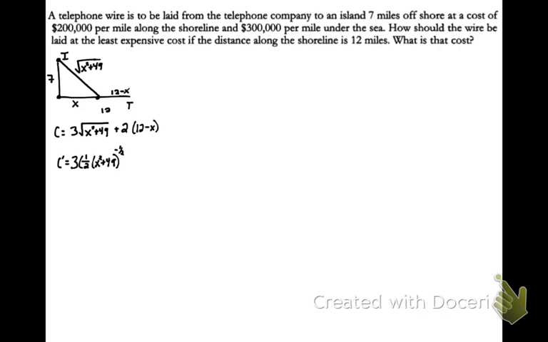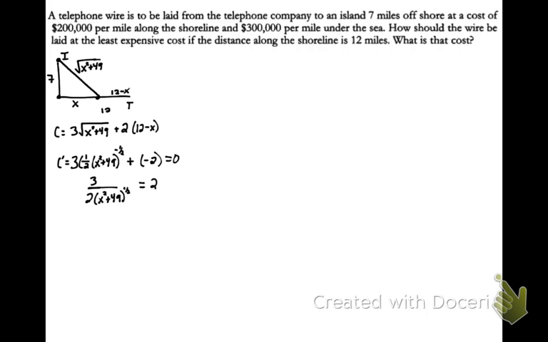And the derivative of this second function will be negative 2. And I'd like to know when this equals 0. So if I clean this up just a little bit, I will have 3/2 times x squared plus 49 to the 1/2 power, and that whole thing should equal 2.